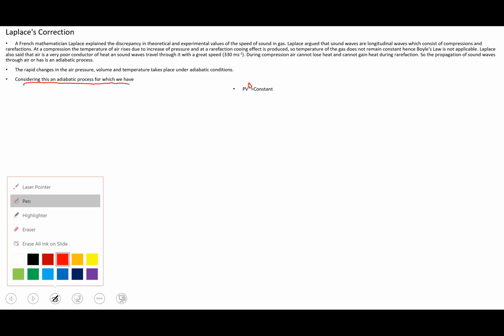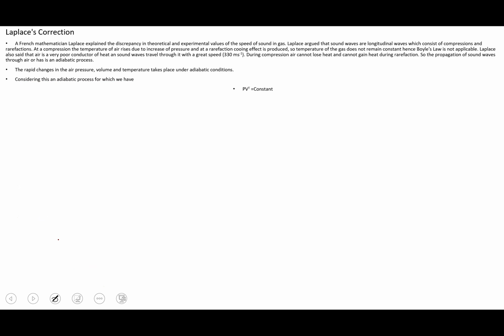We know that pressure and volume are inversely proportional to each other, but we are now considering gamma over here. What does this gamma mean? It is the ratio of the molar specific heat at constant pressure to the molar specific heat at constant volume. We are applying this concept in our derivation.